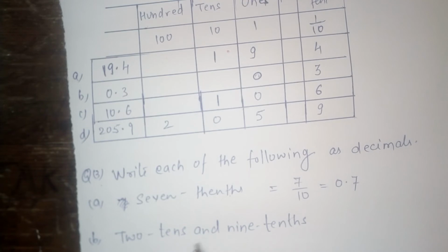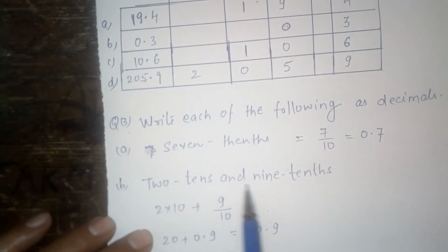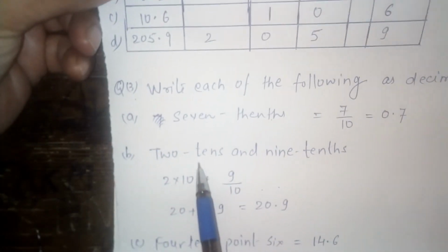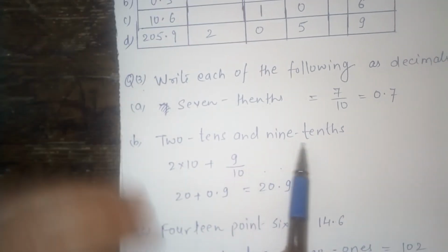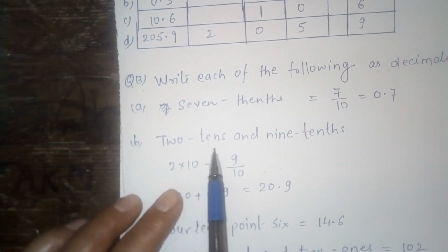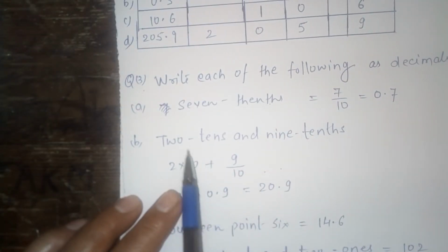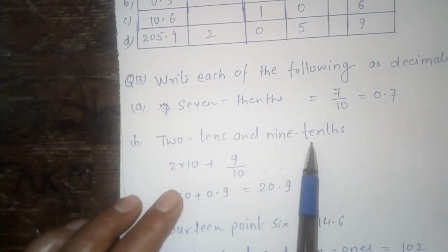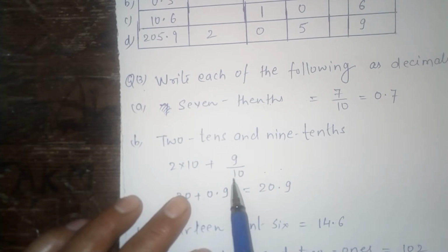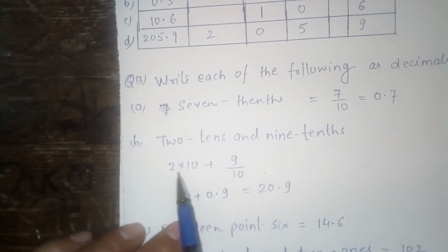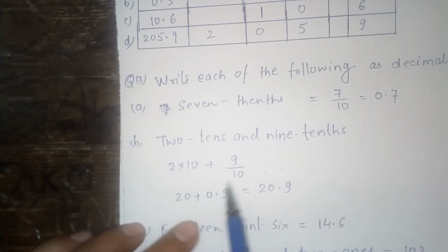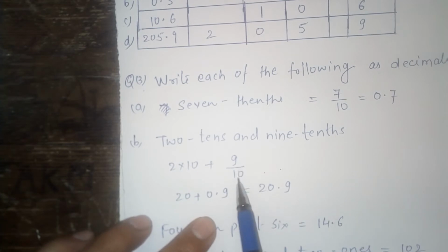Okay. Your next question is 2 tenths and 9 tenths. 2 tenths means 2 into 10, plus 9 tenths means 9 upon 10. 2 tens are 20. 9 tenths means 9 upon 10.